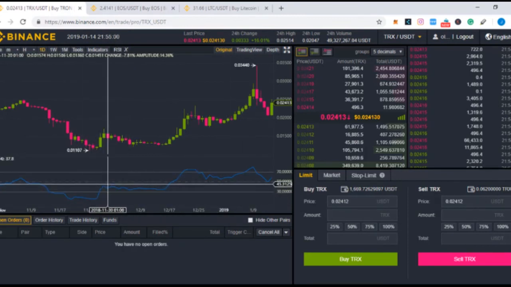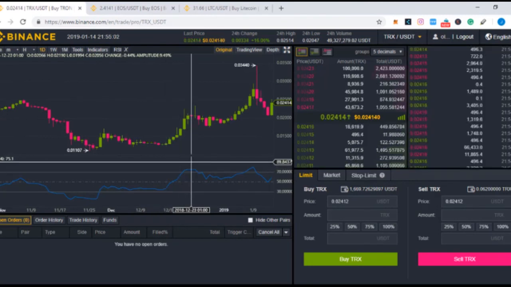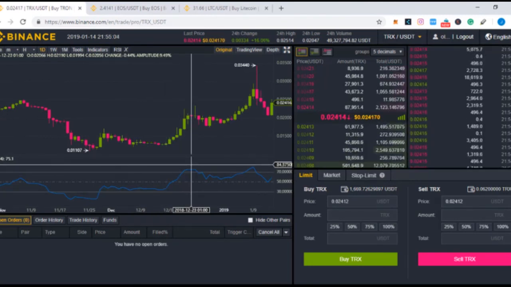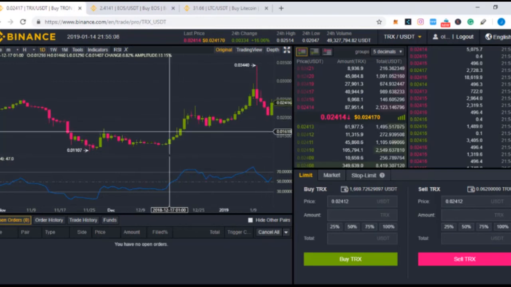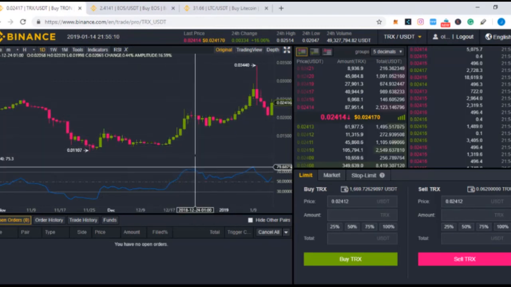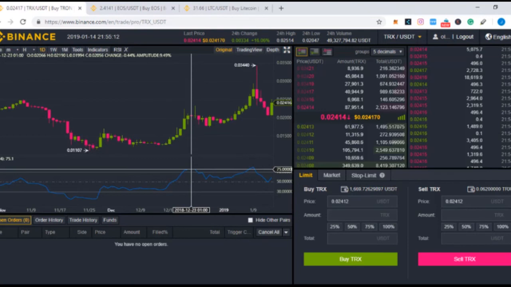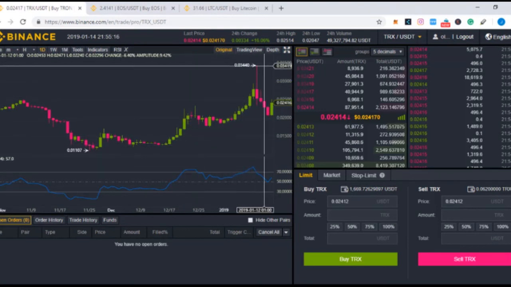So you can see it's moving, and when it touches 80, there was a kind of confusion here, because at this point, if you had removed your profit and you see this cryptocurrency now growing to this rate, I've been in that kind of situation before, most times, because I don't want to see my cryptocurrency crashing.